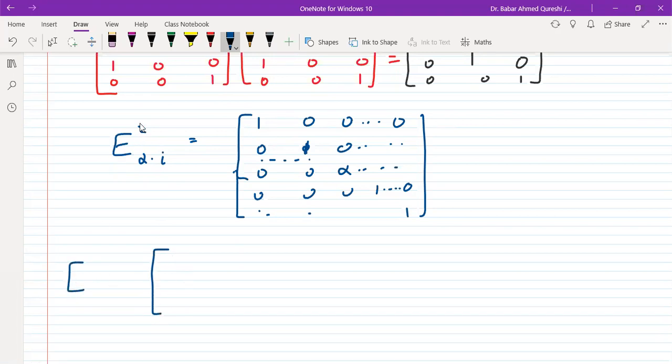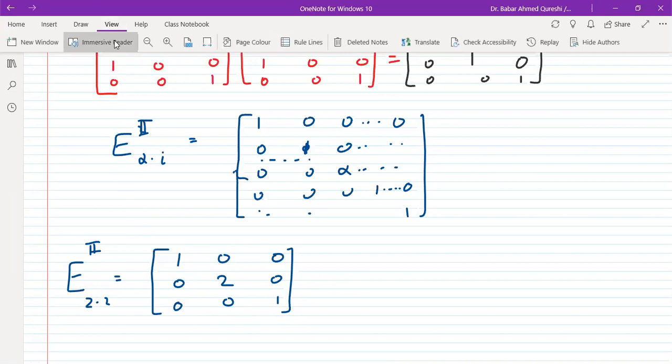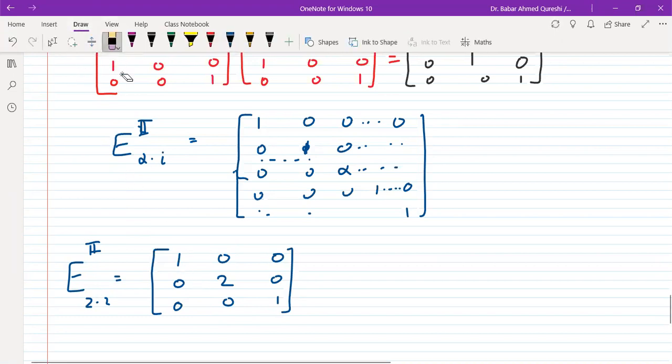Let's write this: 2 times the second row. So this elementary matrix multiplies the second row with 2. Instead of 2, let me take an arbitrary number. It multiplies the second row with alpha.